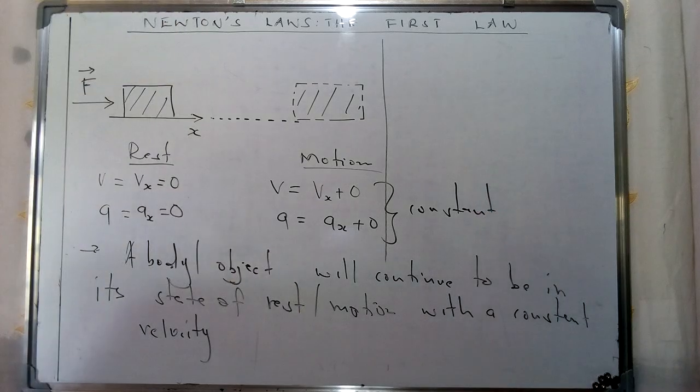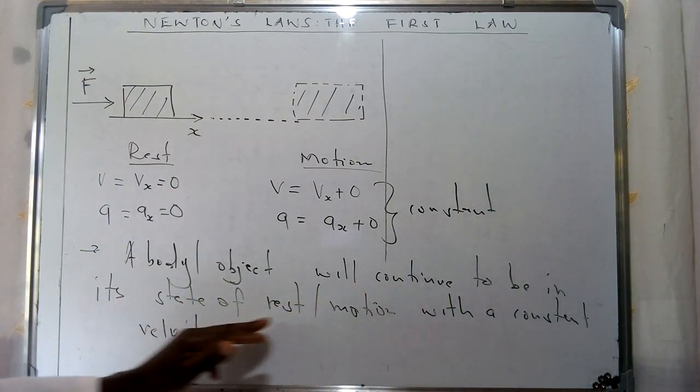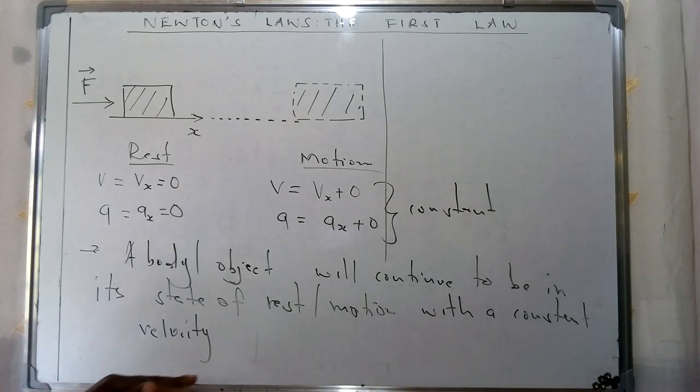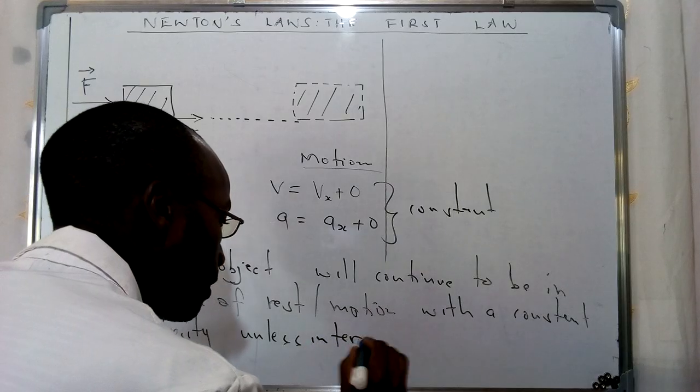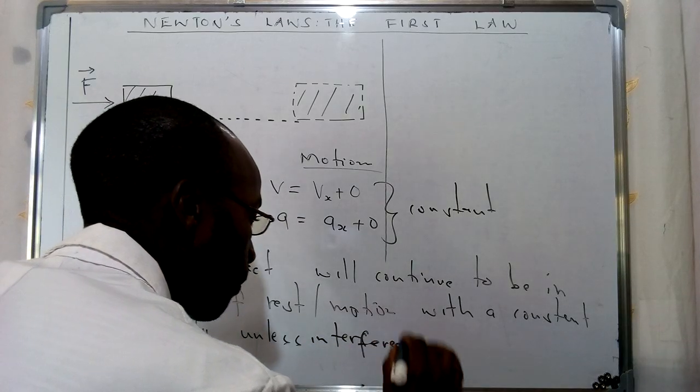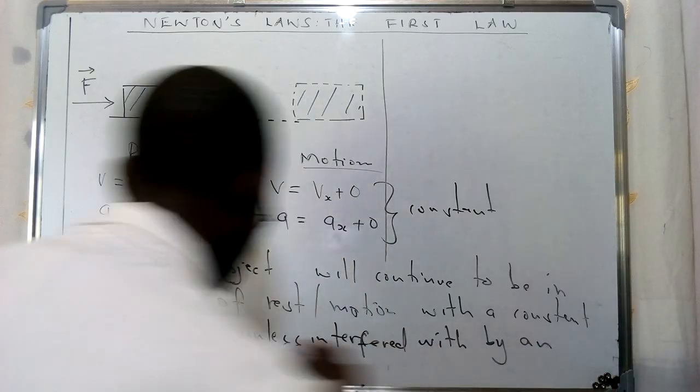So from this particular statement, a body or an object will continue to be in a state of rest or motion with a constant velocity unless interfered with by an external force.